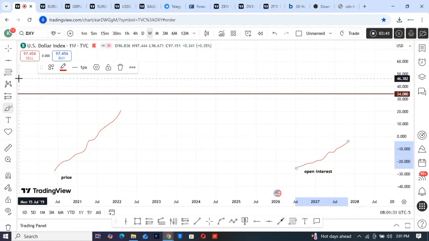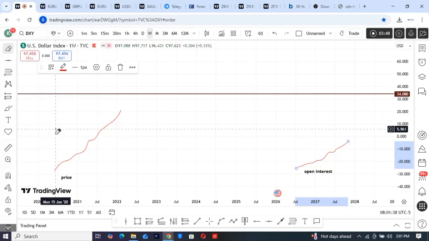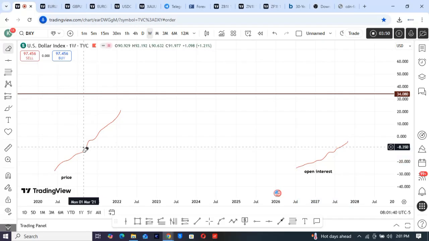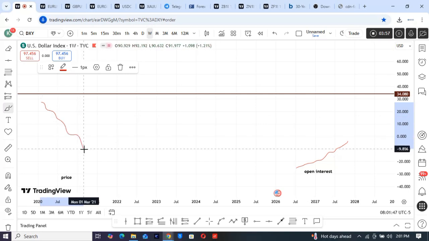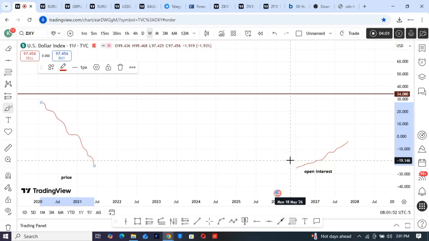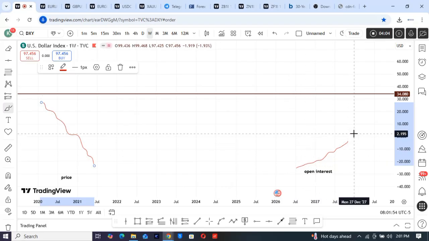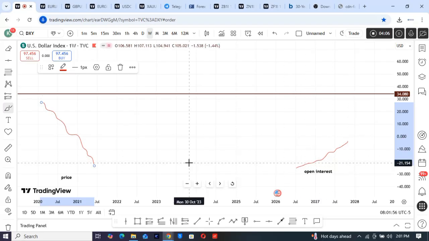In type B, or scenario B, if we see price in a bearish order flow, and we see open interest also increasing progressively, this is an indication of strength in the continuation of the order flow.